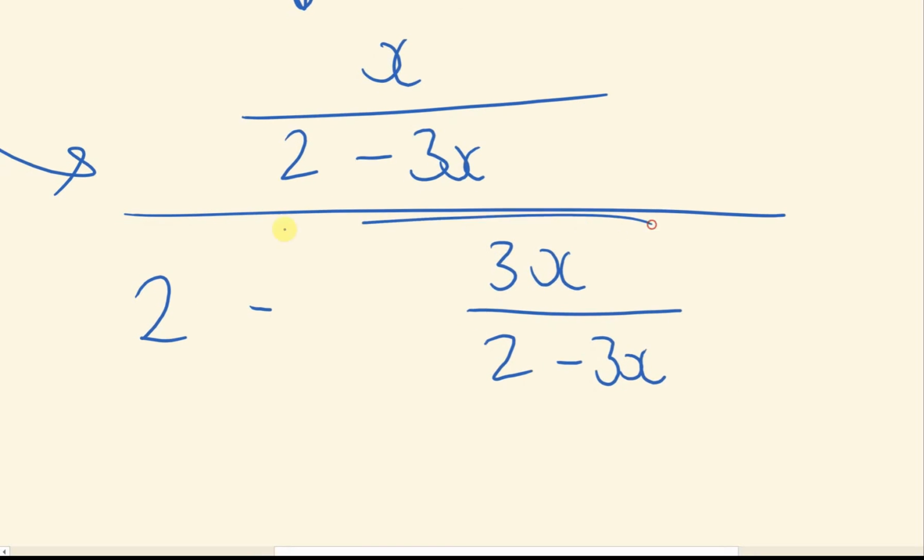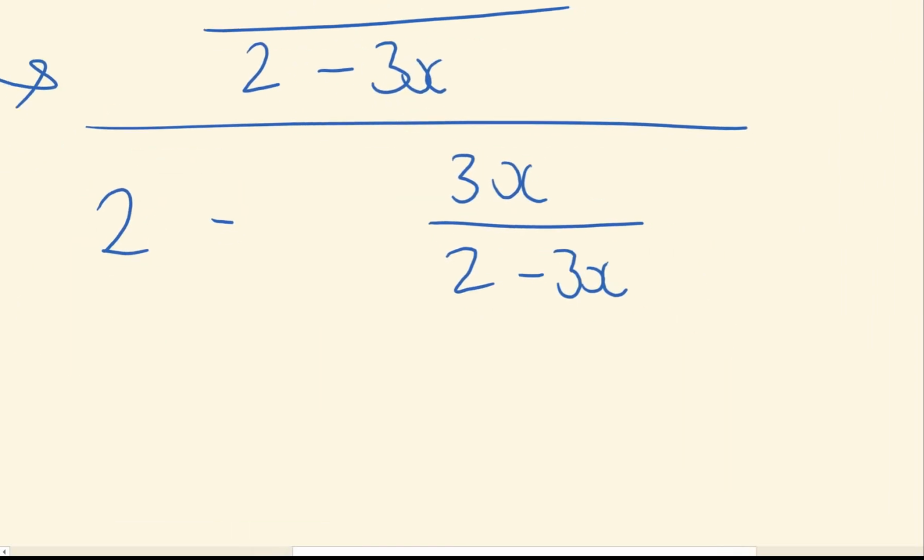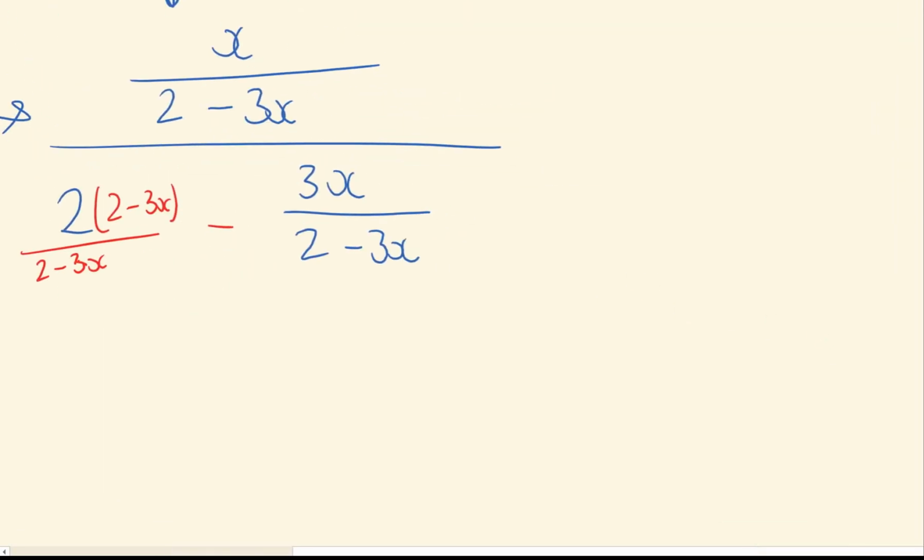Next, I need to find a common denominator for the bottom part of my fraction. We can see the common denominator here is just going to be 2 minus 3x. And if I add a 2 minus 3x to the bottom, I must also add a 2 minus 3x to the top. Okay, let's group those terms together.